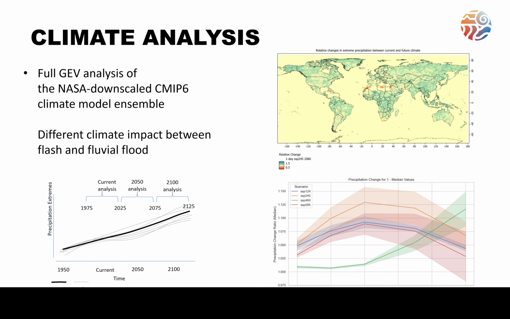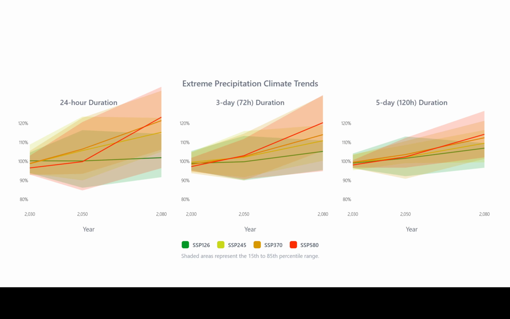And that allows us to also give uncertainty ranges to the impact of climate change on extreme precipitation intensities. And you can directly visualize these also in the FastFlood Global platform, where we show some of the climate analysis data and the uncertainty ranges around that between the 20 ensemble members of the CMIP6 project that we analyzed in full.